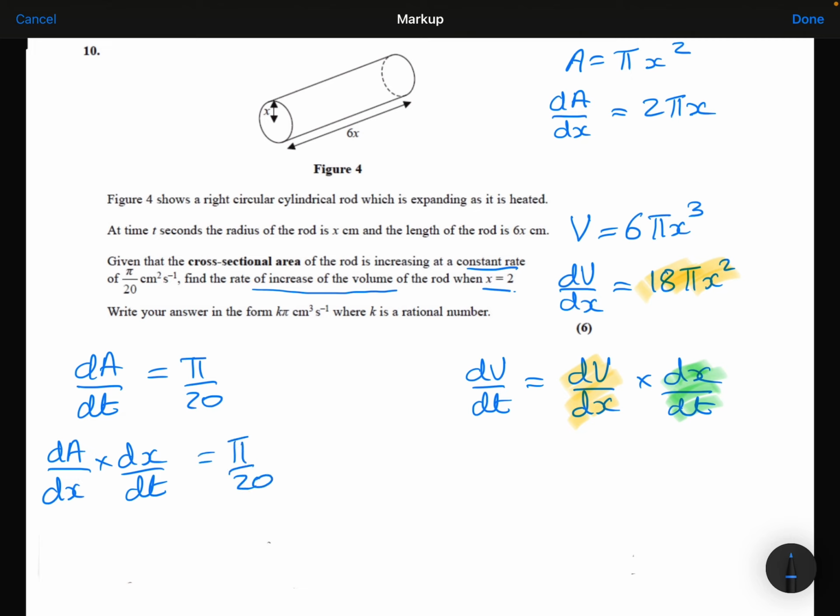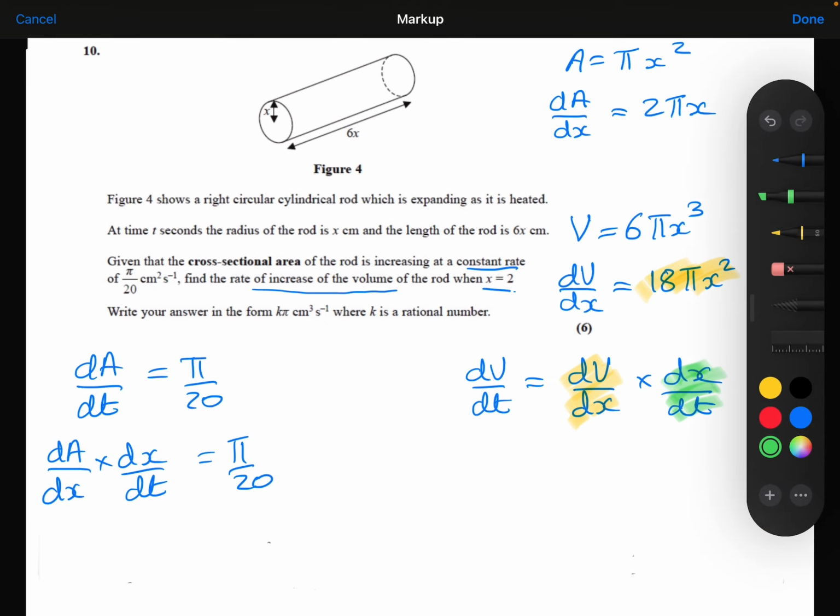All I've done there is I've connected the rates of change with the dA by dt equation. And I know that dA by dx is 2 pi x. So that is going to allow me to work out dx by dt, which I can then use in the other equation.